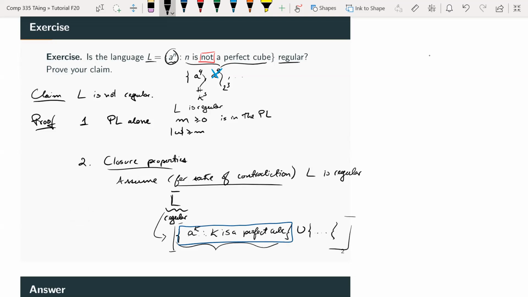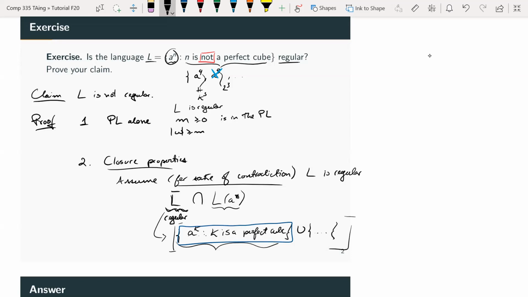So I'm going to take L complement and intersect it, because I only want the strings that look like a to the something, right? To do that, I'm just going to say I want L complement intersect a star. This guarantees me that I'm going to have a to the something. And the fact that I'm taking L complement guarantees me that I'm either going to have a to the k where k is a perfect cube, or something else.